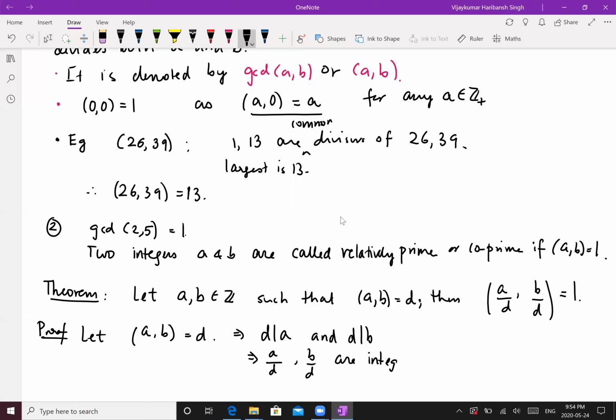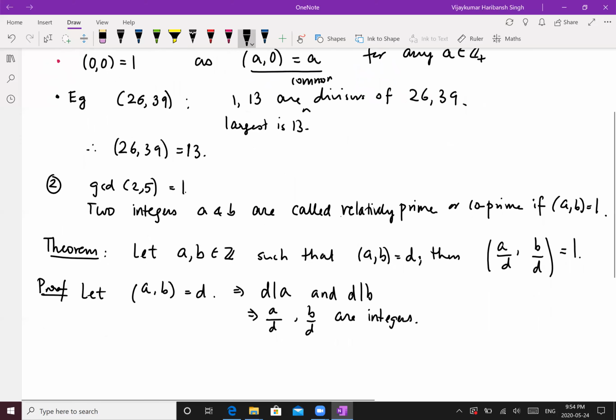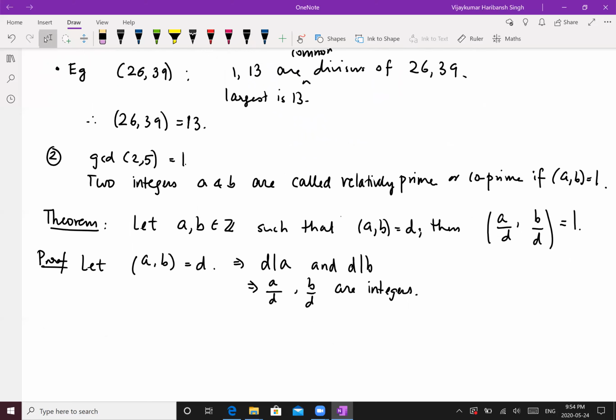Other than that, we can't really talk about GCD; we don't talk about GCD of non-integers. Now we want to show there are no common divisors except 1. So let E be any other positive divisor of A by D and B by D.